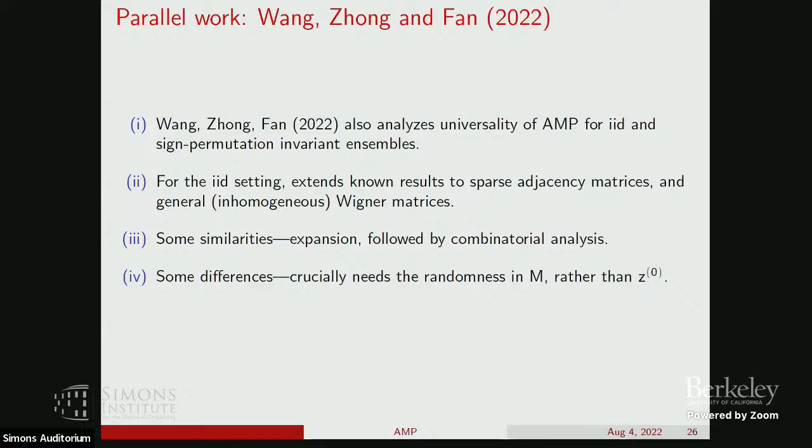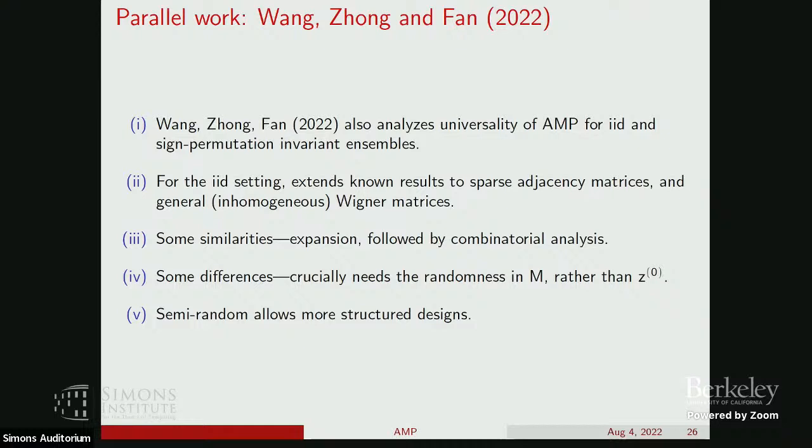In particular, I think their approach crucially utilizes the randomness in the matrix rather than in the initialization. And as a result, they in some cases need more randomness than what we can handle. For example, the semi-random ensemble that I described to you is actually much less random than a competing class that they handle.